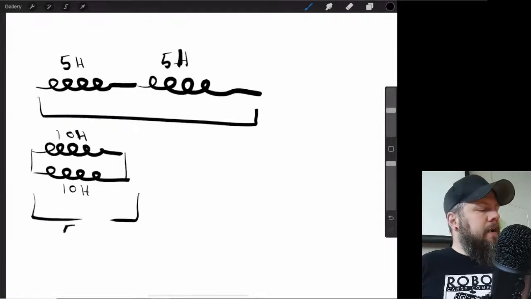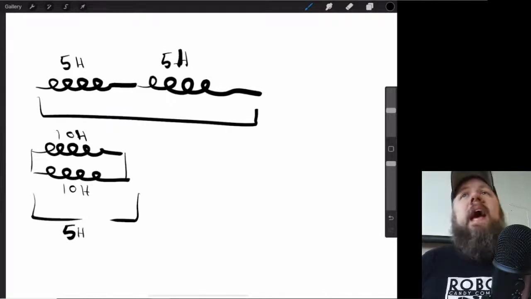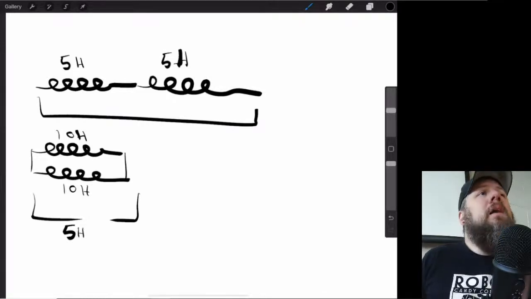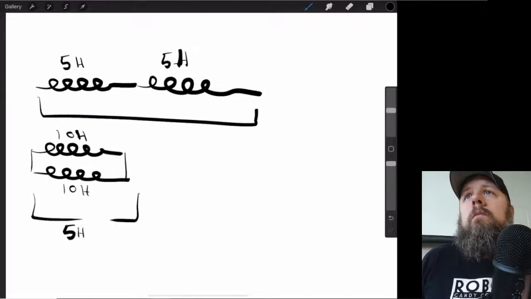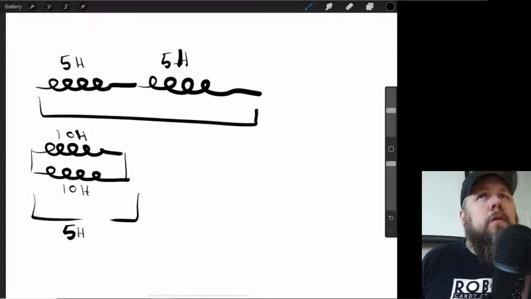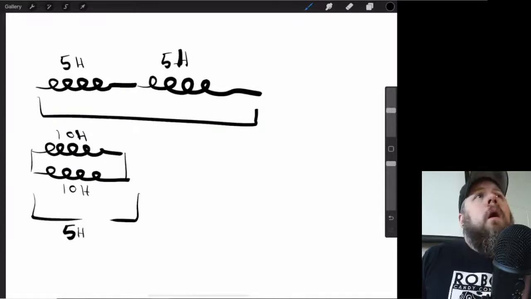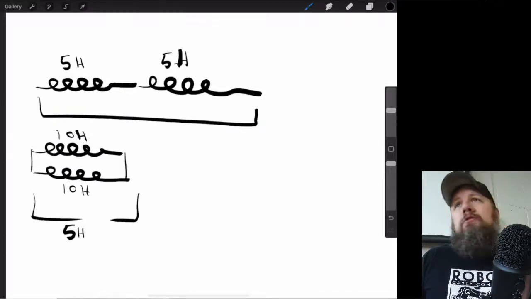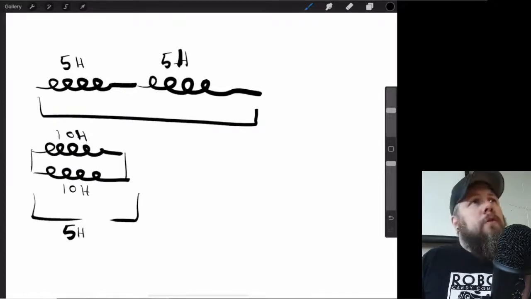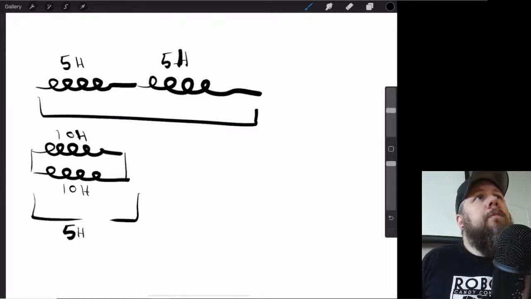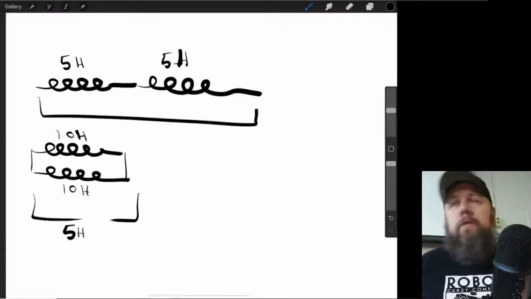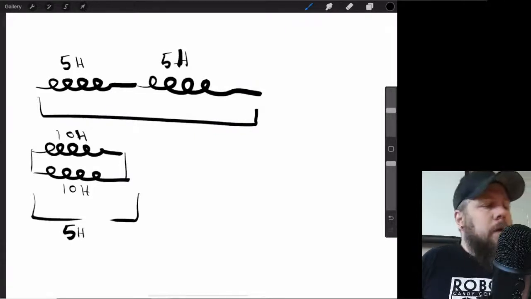Yeah, 5 henries, because they add like resistors. Now, the reason they add like resistors is, think about what makes an inductor an inductor, okay? The amount of turns that you have from one point to the other, right? Pretty much how close you can get them, stuff like that, but mostly the amount of coils that you can get on there, okay?